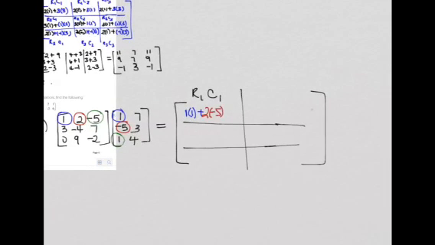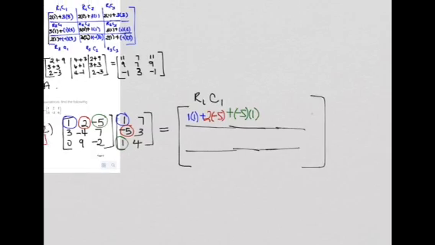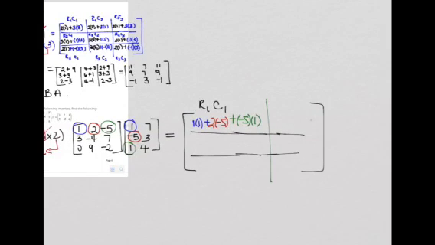We don't have enough space. Plus negative 5 times 1. Now row 1 with column 2. Oh gosh, this is not working out very well because it's not printed.